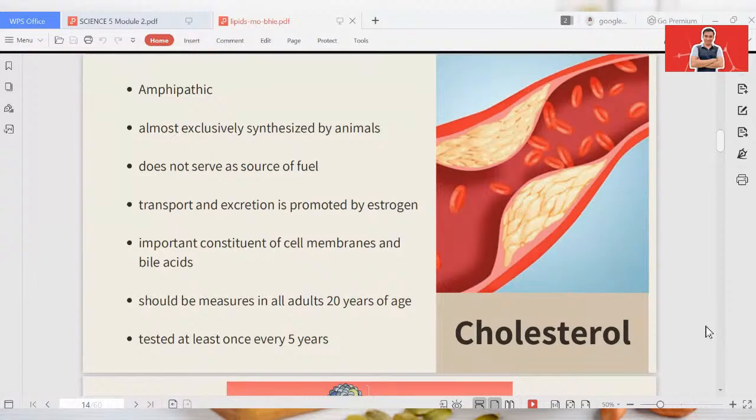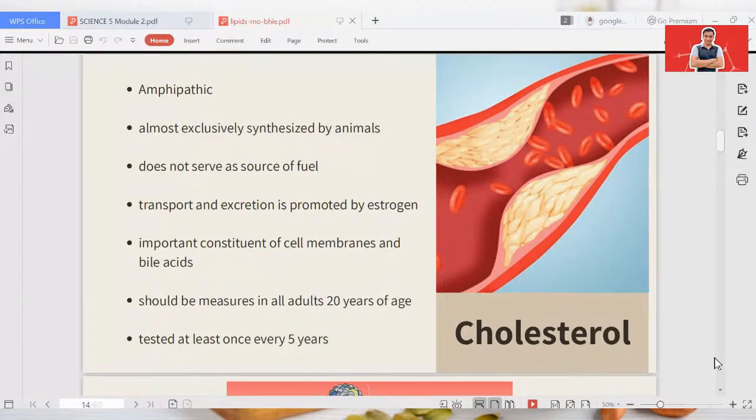Does not serve as source of fuel, transport and excretion is promoted by estrogen, important constituent of cell membranes, and bile acid kasi ang cholesterol can be converted in the liver to primary bile acids. Ang example niya ay cholic acid and chenodeoxycholic acid to promote fat absorption in the intestine by acting as detergent.